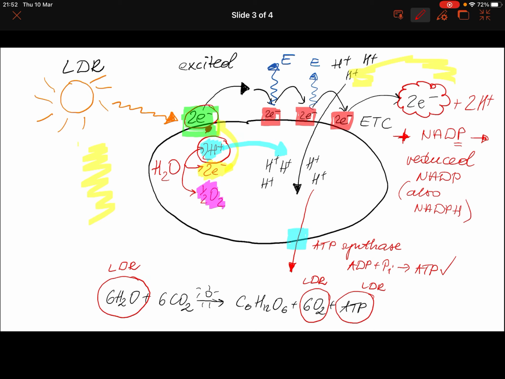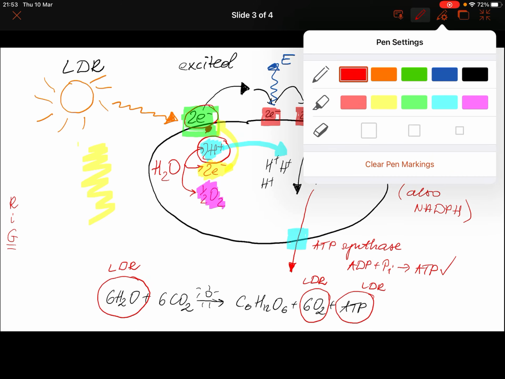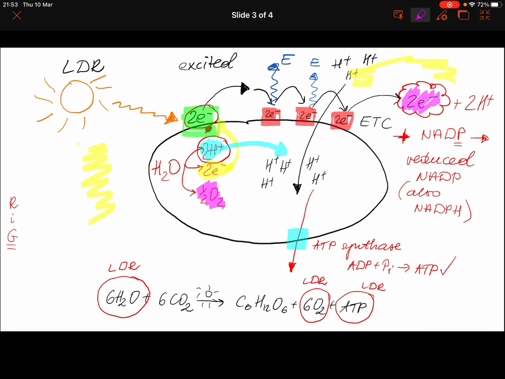Where is the reduced NADP coming from and what's the idea of being reduced? Remember, reduction is the process of gaining electrons or hydrogens. Hence, our NADP coenzyme became reduced because it accepted both electrons and hydrogen ions.